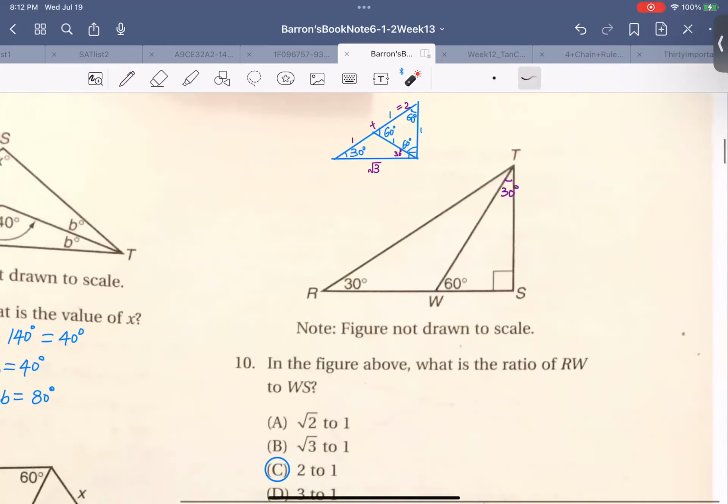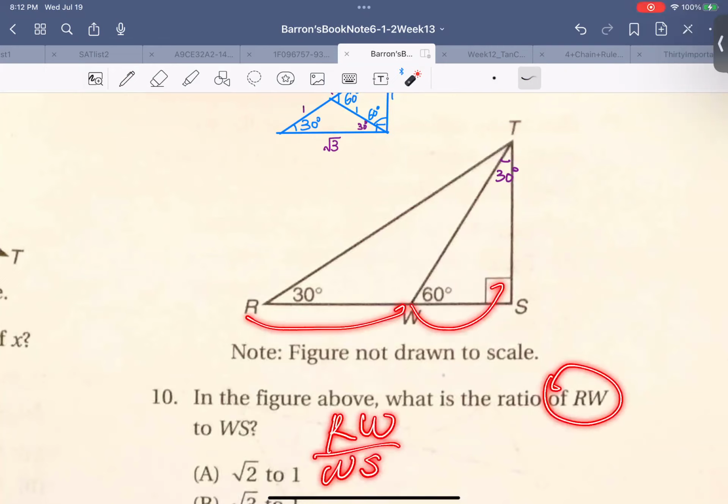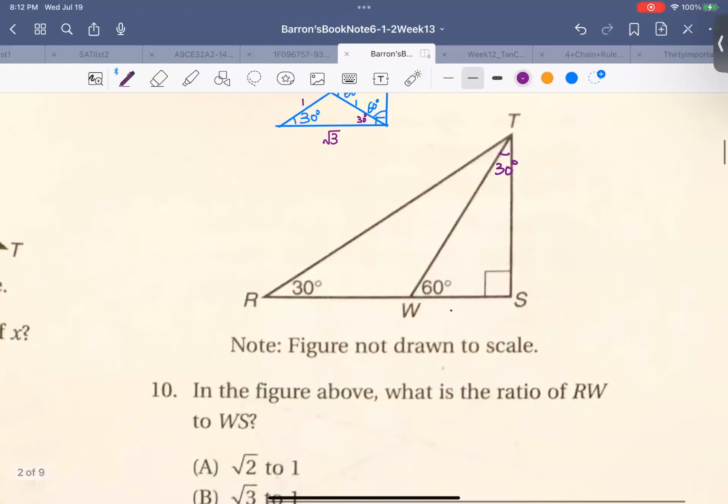The question is asking for the ratio RW to WS. So what can you do? I give you a hint. I don't know how much WS is, but I tell you this is x.